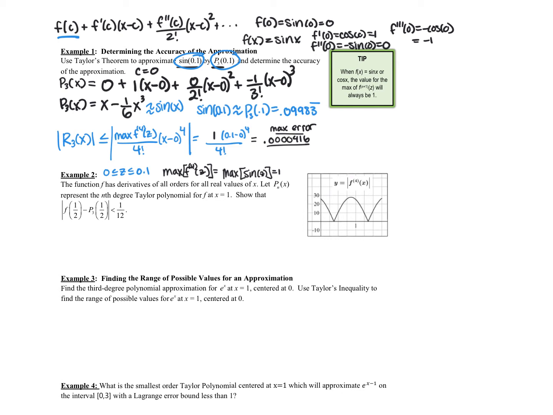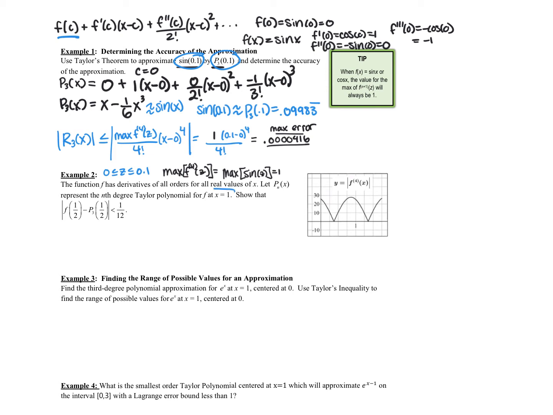Let's do another example to help you get familiar with what this looks like. This next example says the function has derivatives of all orders. That just means the derivative exists forever. Let Pn be the nth degree Taylor polynomial for f at x equals 1. We're going to show that f of 1/2 minus p3 of 1/2 is less than 1/12.